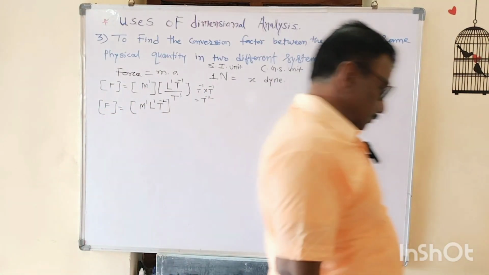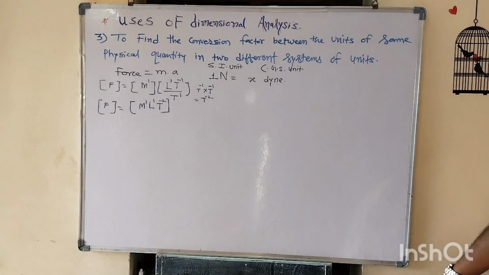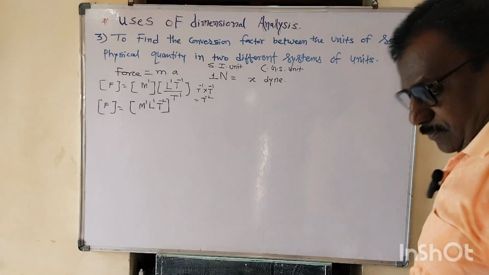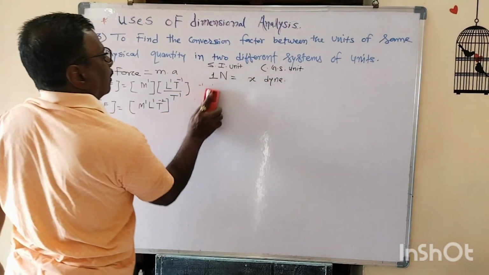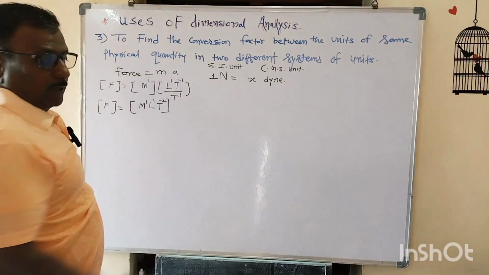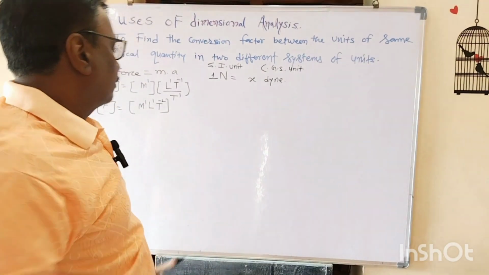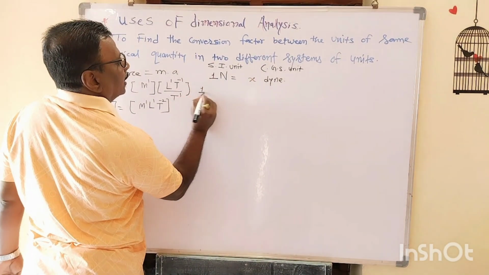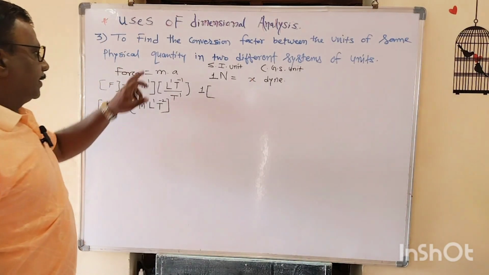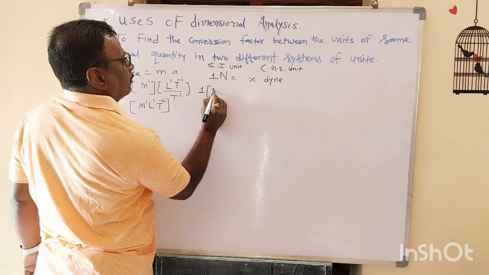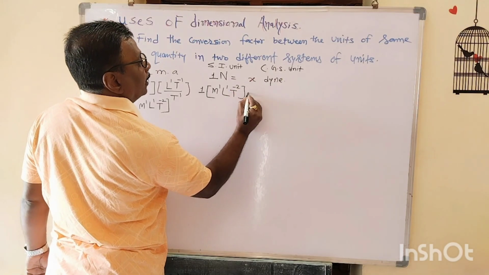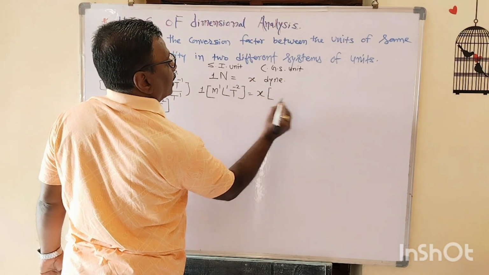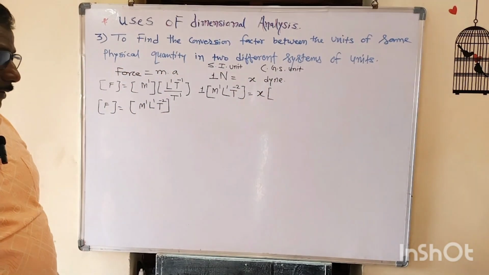So this is the dimension of force. Now substitute this dimension here. So we get 1 into Newton, that means 1 into dimension of force M1 L1 T minus 2, is equal to x into dyne.